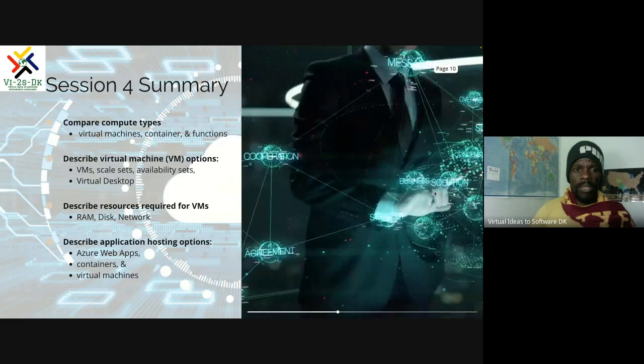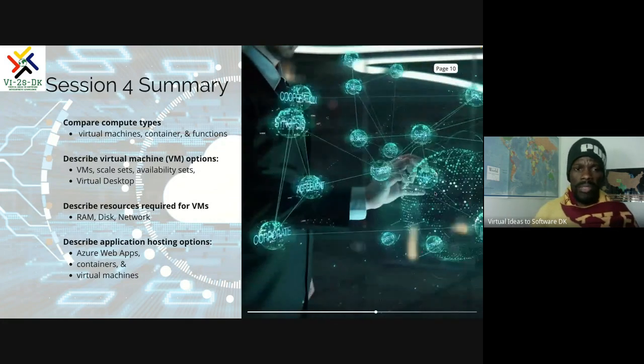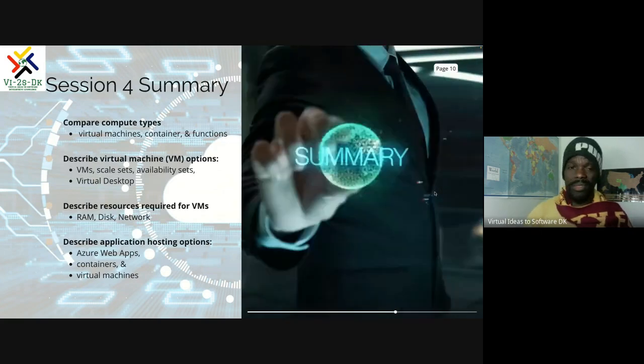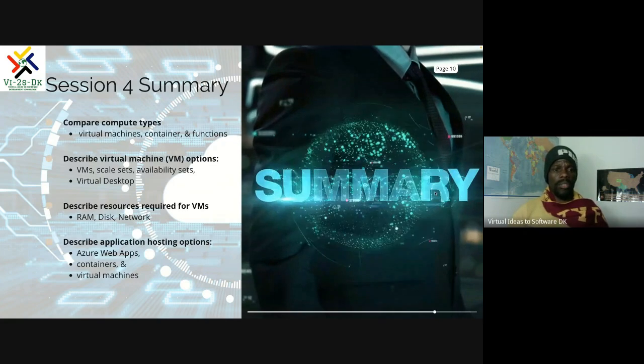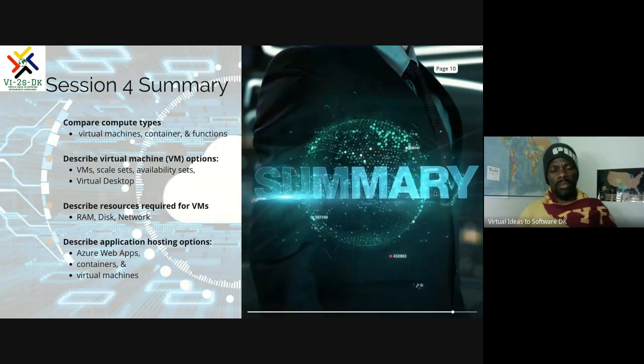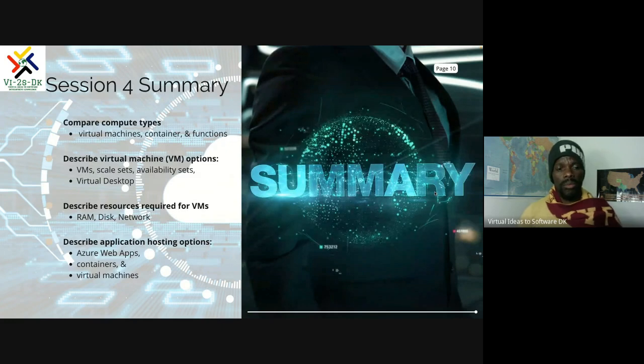We're able to describe the different options for virtual machines, be it scale sets, be it availability sets, and also virtual desktop. And we talked about the resources that are required for a virtual machine: the RAM, the disk, and the network. Finally, we just talked about web applications, which you can use to host any of your applications.